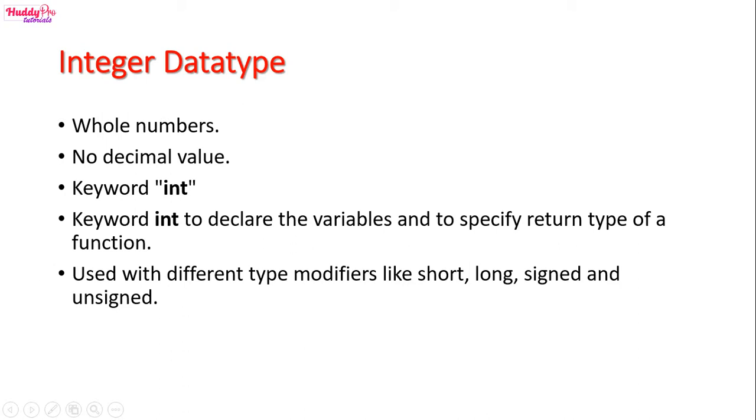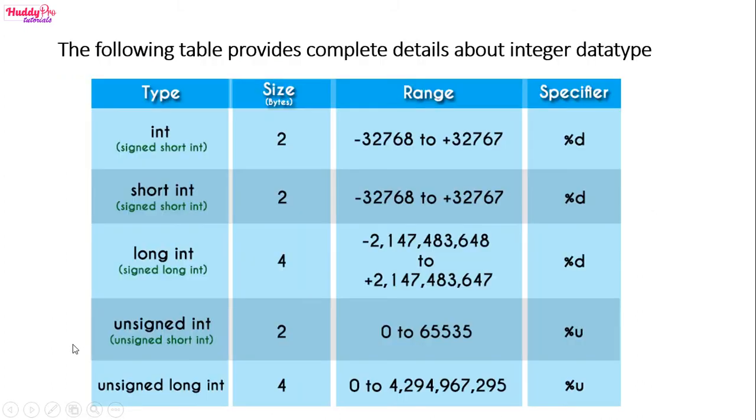The integer data type is used with different type modifiers like short, long, signed, and unsigned, as we have already noted. This table provides complete details about integer data types. You will go through them, but note this is the size in bytes that is stored in memory.